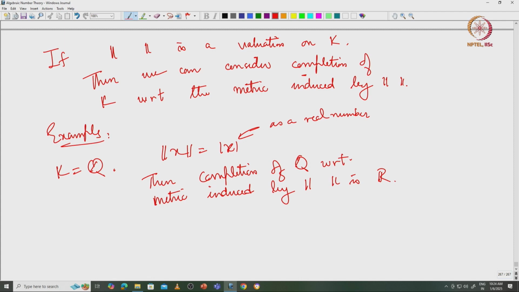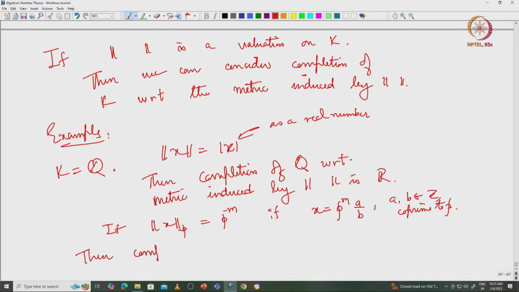Now here is a new concept perhaps for you. So if you take the p-adic metric, right, this is p to the minus m, if x is equal to p to the m, a by b, where a and b are integers co-prime to p, then the completion with respect to this metric is Q_p, the field of p-adic numbers.